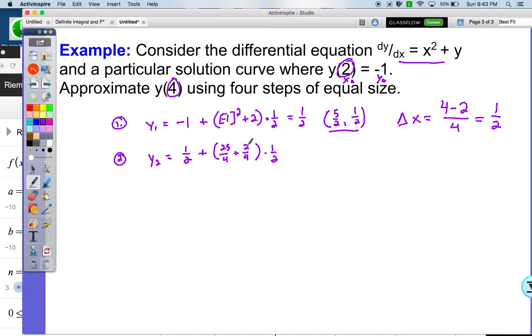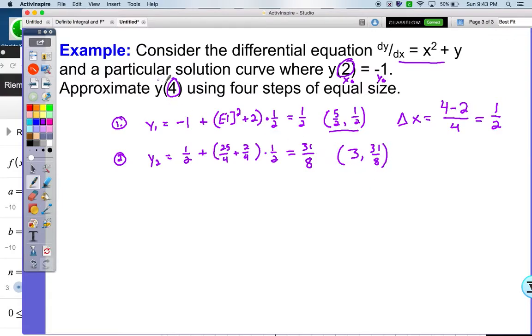That gives me 27 over 4 times 1/2, which gives me 27 over 8, plus the 1/2, which is 4/8. So 27 plus 4 is 31 eighths. So 5 halves plus another half gets me up to 6 halves, or 3. My y value is 31 over 8.